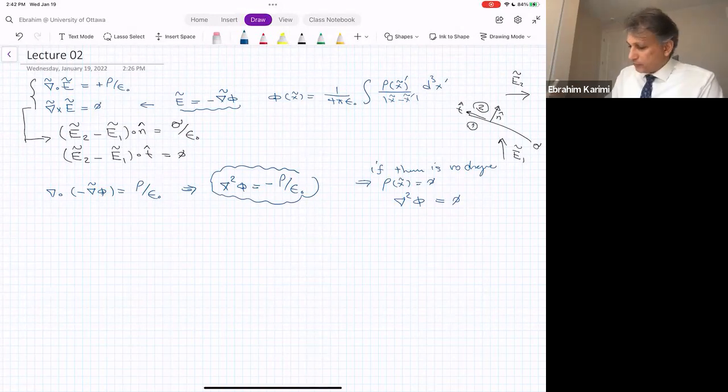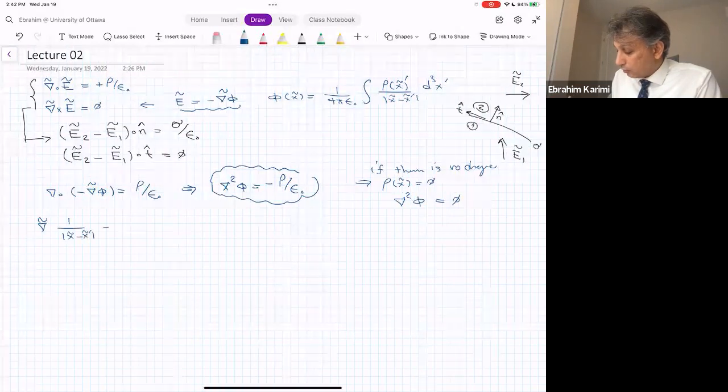From the mathematics, we also got two important relationships. The gradient of 1 divided by x minus x prime, where the derivative is with respect to x, gives x minus x prime divided by x minus x prime to the power of 3, and essentially we got the potential from these relationships.